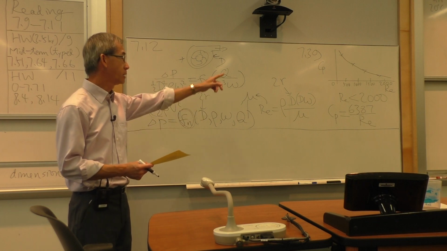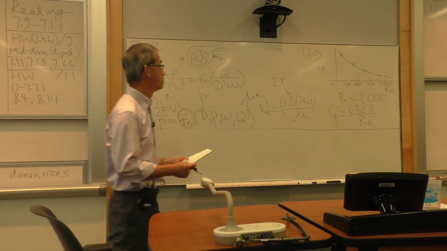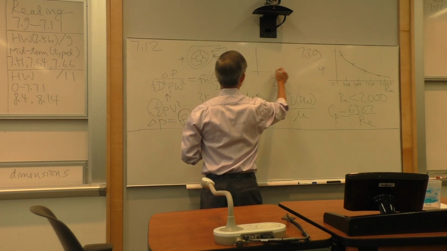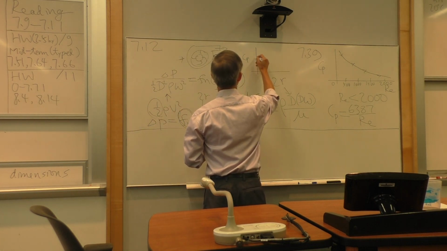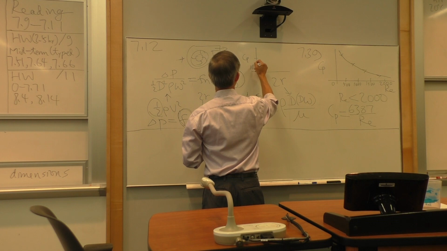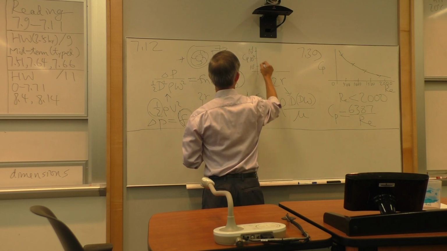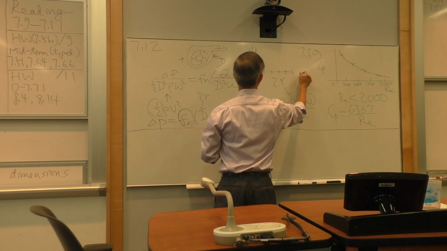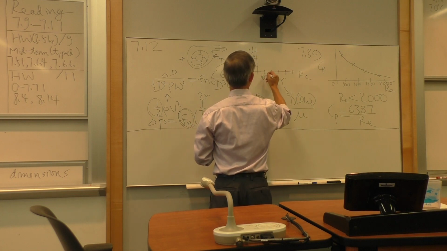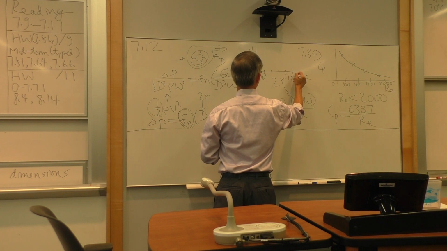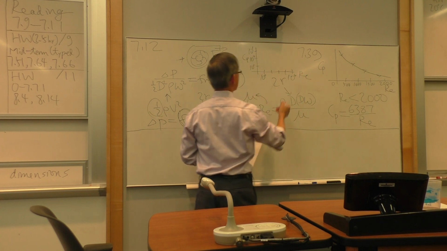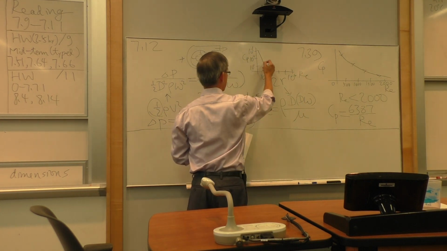So if I plot this data on a log-log scale, log scale, Reynolds number, up to six million, that will be a straight line.